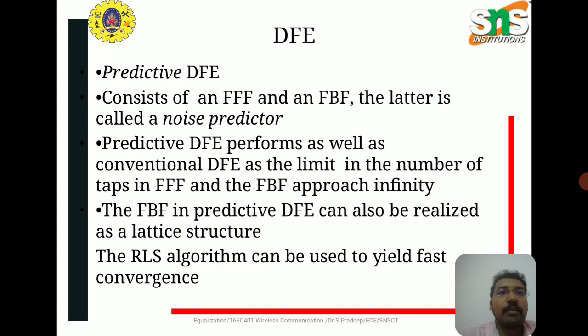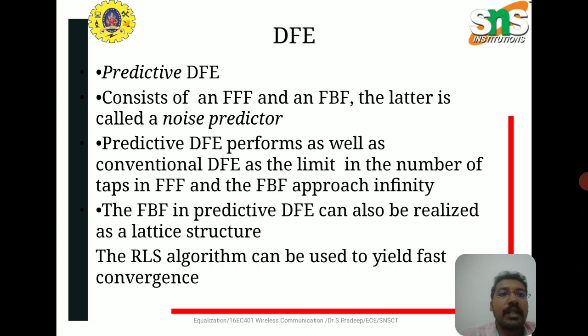The predictive decision feedback equalizer consists of a feed-forward filter and then a feedback filter. The latter is called noise predictor. Predictive decision feedback equalizer performs as well as conventional decision feedback equalizer as the limit in the number of taps in the feed-forward filter and the feedback filter approach infinity.